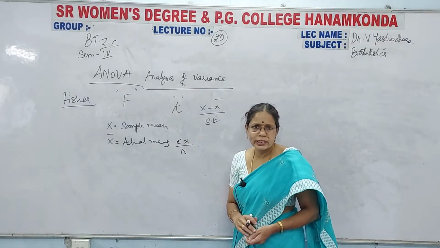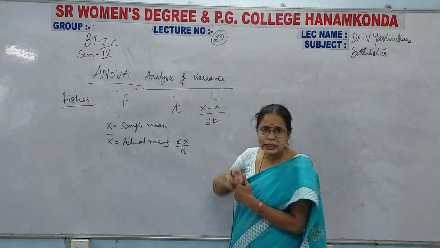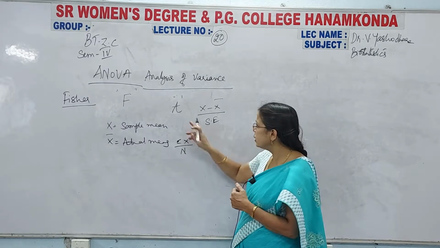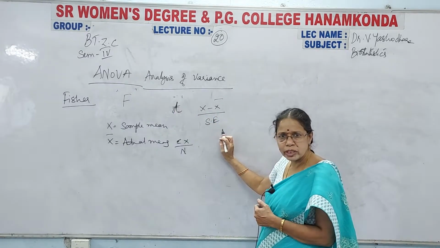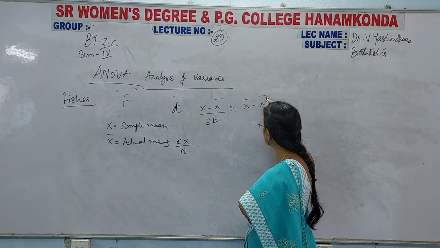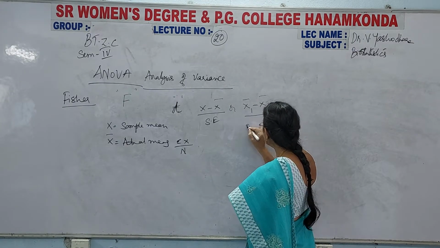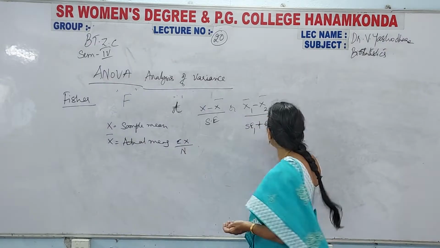This is your t-test. Now, why am I explaining this t-test instead of the f-test? See here, this t-test is X minus X bar by standard error, or this can be written as X1 bar minus X2 bar by standard error 1 plus standard error 2.